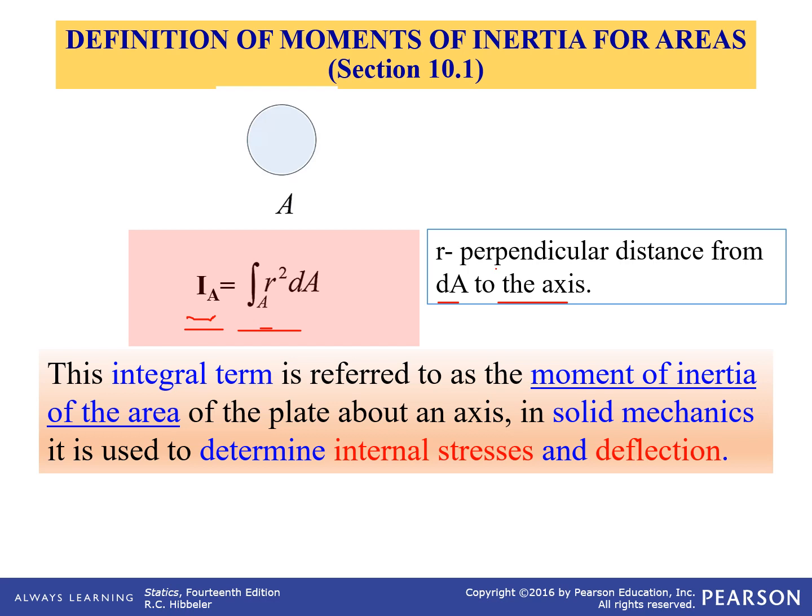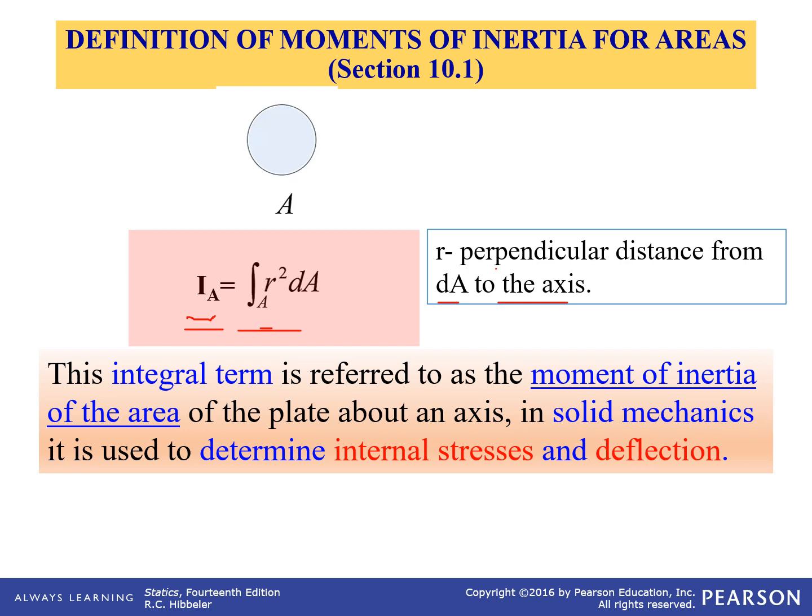And this integral term is referred to as the moment of inertia of the area of that plate about an axis. In solid mechanics, it is used to determine the resistance of the body to internal stresses and deflection. So it is, again, the moment of inertia means the resistance of the body to change in the state of motion.